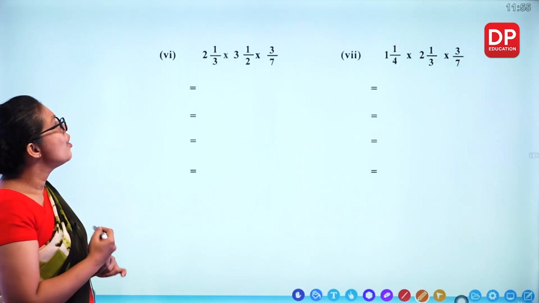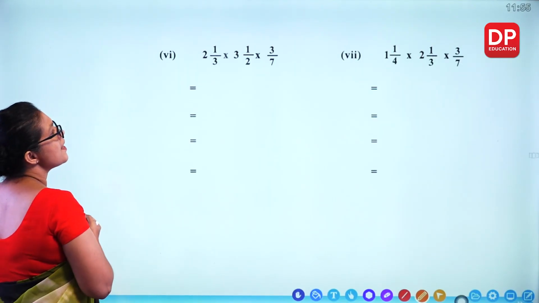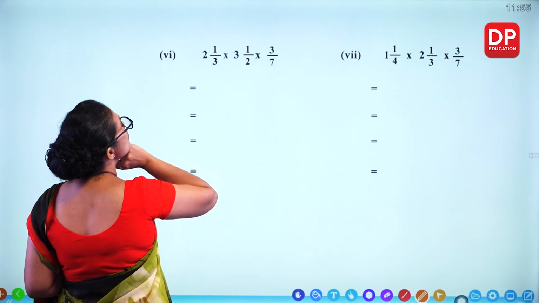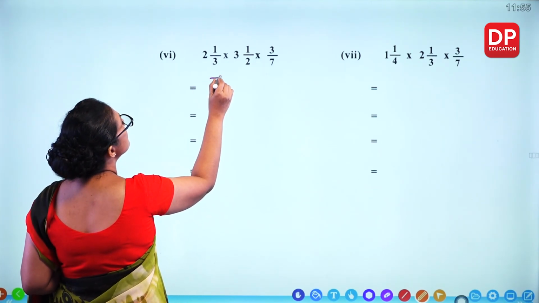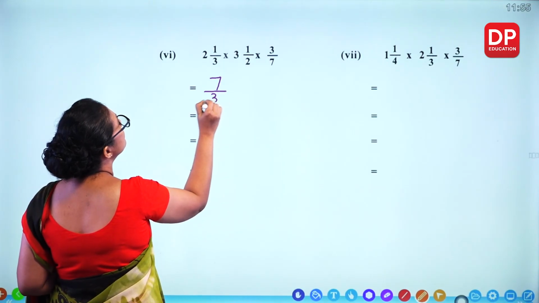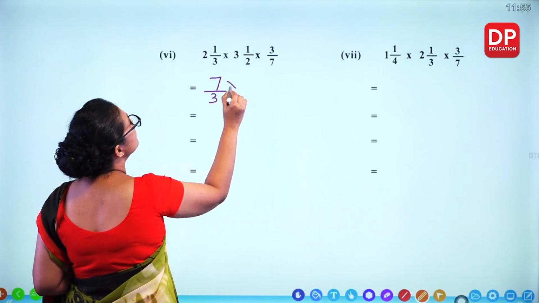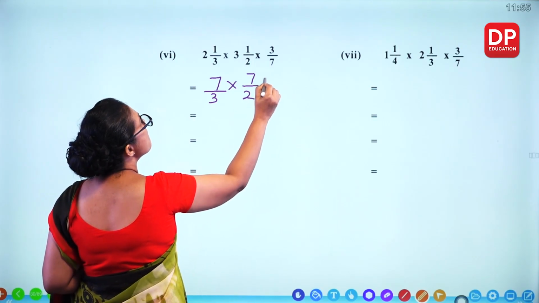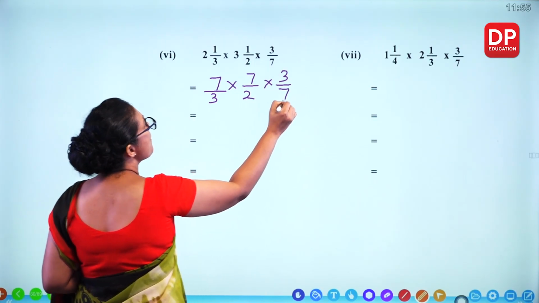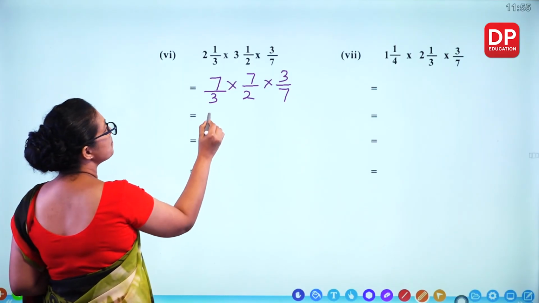Convert to improper fractions first and then multiply. 3 times 2, 6. 6 plus 1, 7. 6 plus 1, 7 again. And 3 over 7. Now multiply.